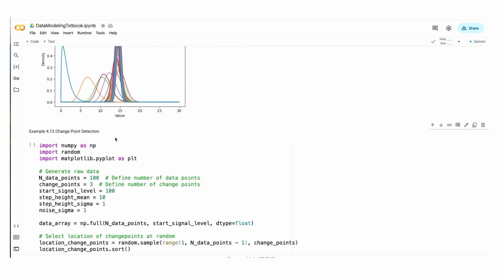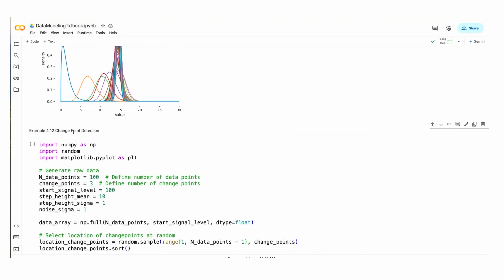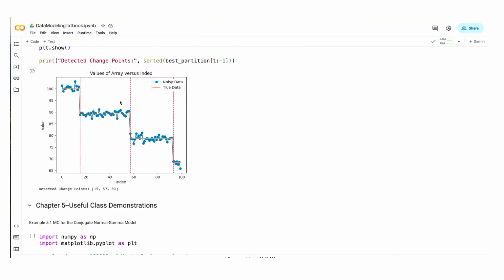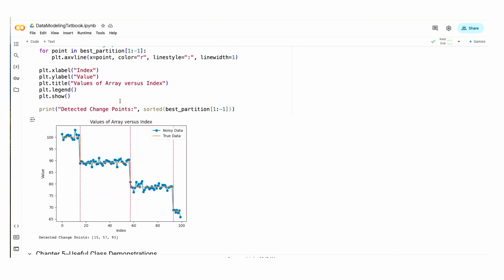There are a couple more examples for chapter 4, but those pertain to the advanced section. Maybe I can highlight just one of them in case you'd like to read that advanced section. It's one where we identify change points in data, where the data change statistics. So if you imagine that you have data that shows steps and you'd like to find where those steps are, how do you go about doing it?